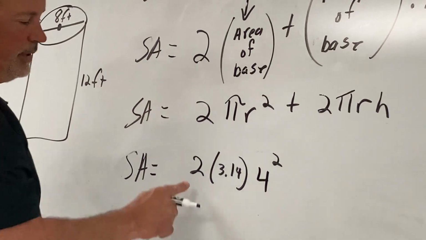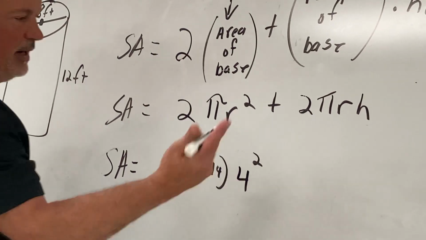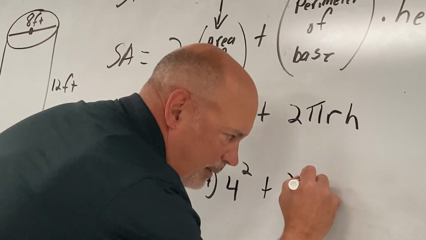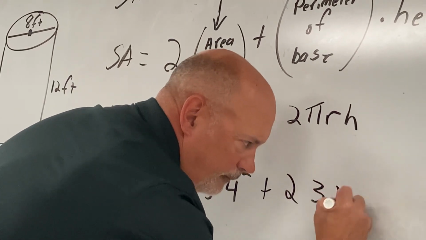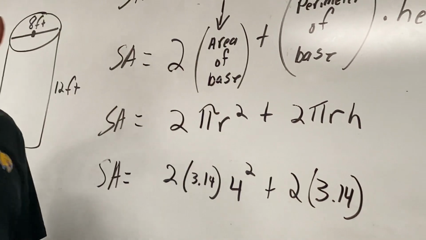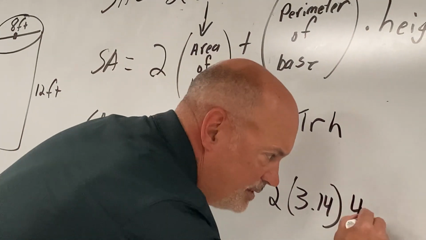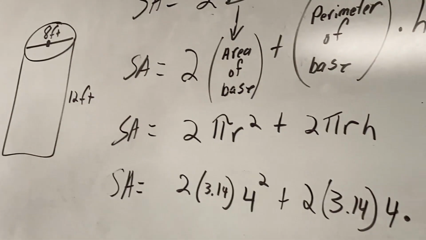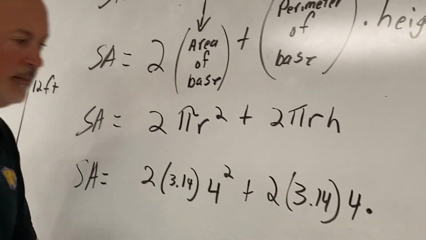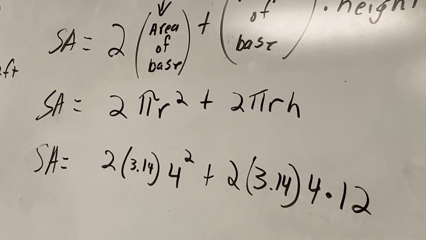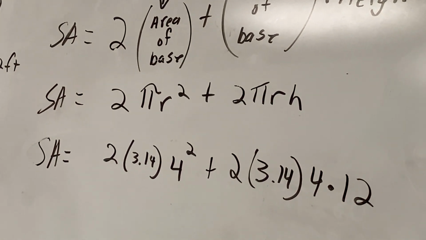All right, so we're going to do that times that squared. We'll do that in a minute. Plus, we're going to use 2 and pi again. What's the radius? 4 times, what's the height? 12. All right, now, we're going to type all of this in at one time and hit enter.